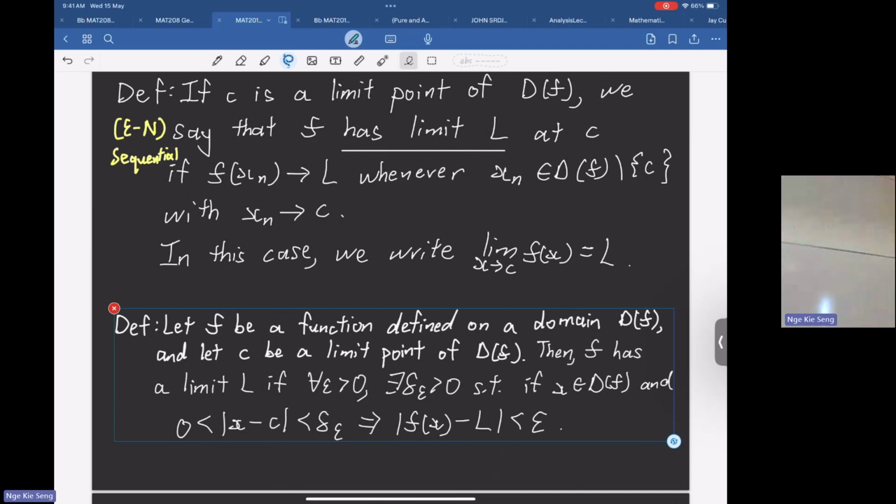limit L. But the second one is the epsilon delta definition. So what's the difference here? The difference is in the second part, there's no sequence already. Then where are the x from?